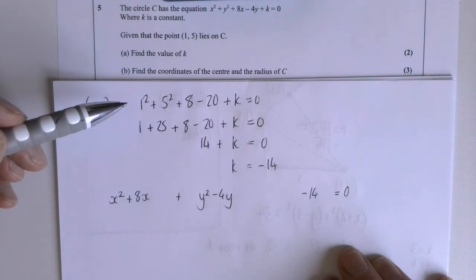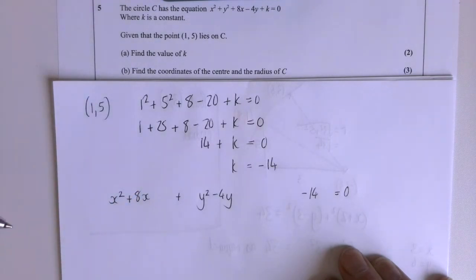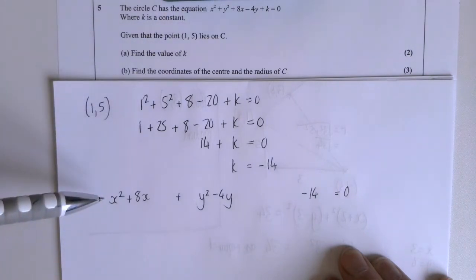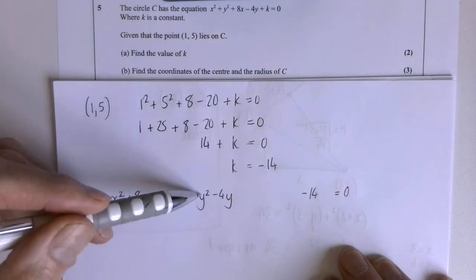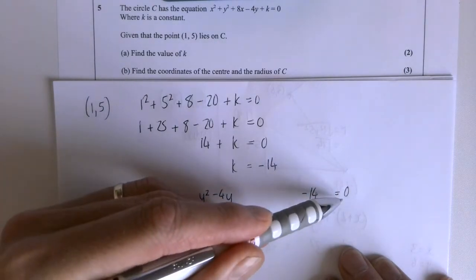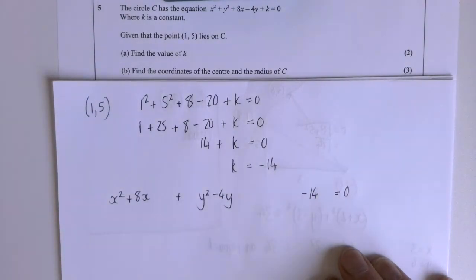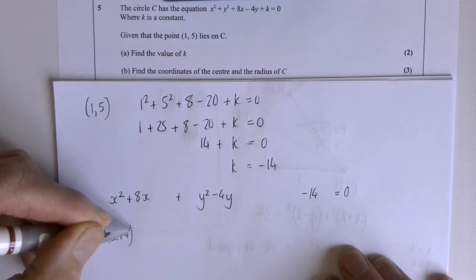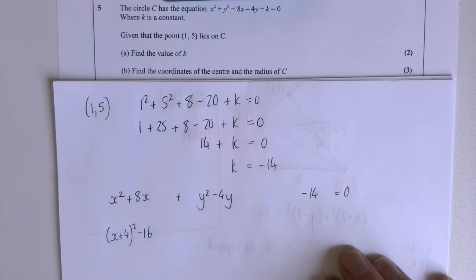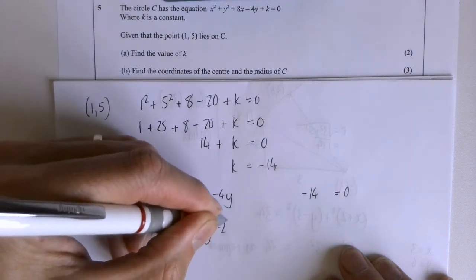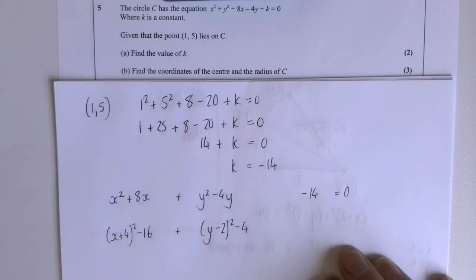Okay, so k is minus 14, substituted in 1 and 5, and so I've rewritten this in the way I recommended. X terms together, y terms together, number out here. This time it's on the left of the equal sign, doesn't matter. So that is going to come from that, and that is going to come from that.